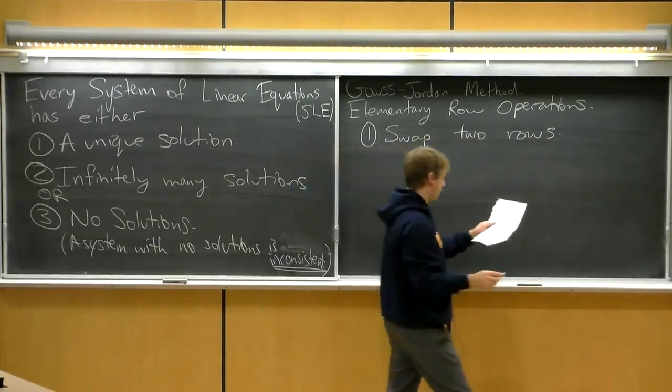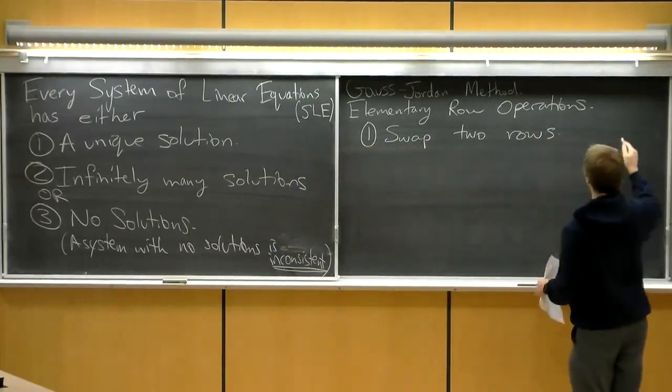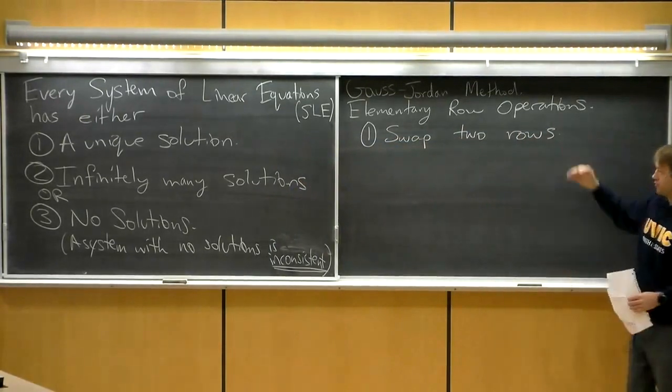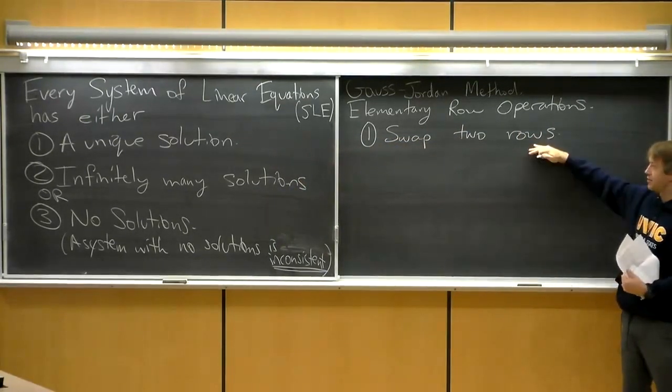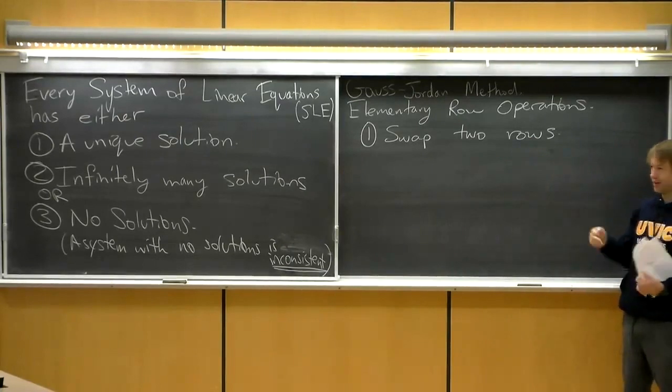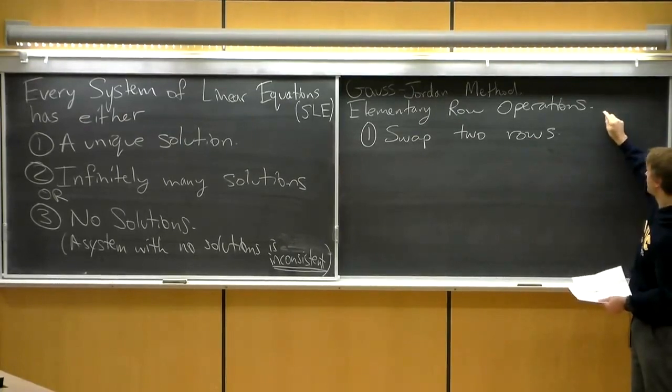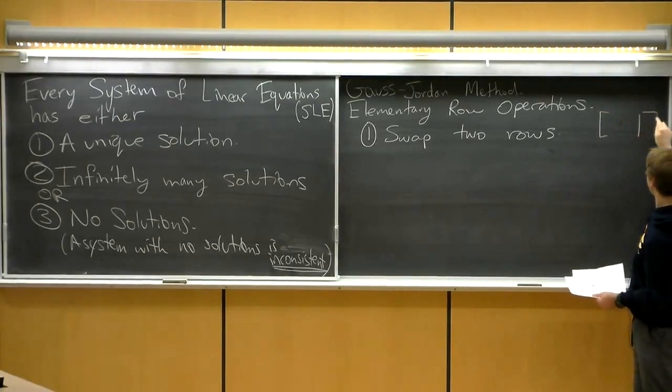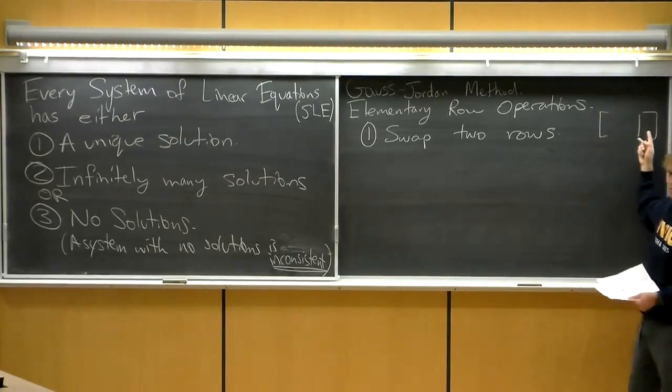We always want to transfer everything into matrix form, and then we have these row operations. The matrix, remember, is something that looks like a box with numbers in it.